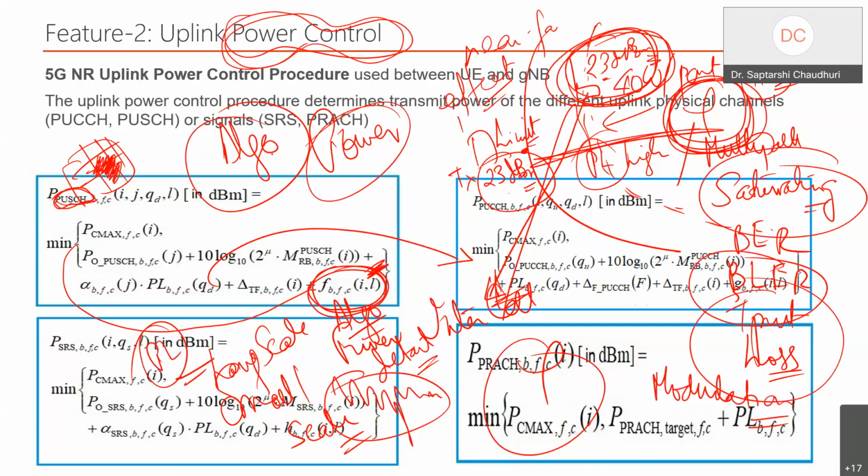Okay, so this is so important. If you see the power control algorithm, it has to be maintained with respect to the shared channel, with respect to the sounding of the channel that the base station measured, with respect to the control feedback that the mobile sends back to the base station, or with respect to the PRACH. Everything has to be controlled with respect to the power control.